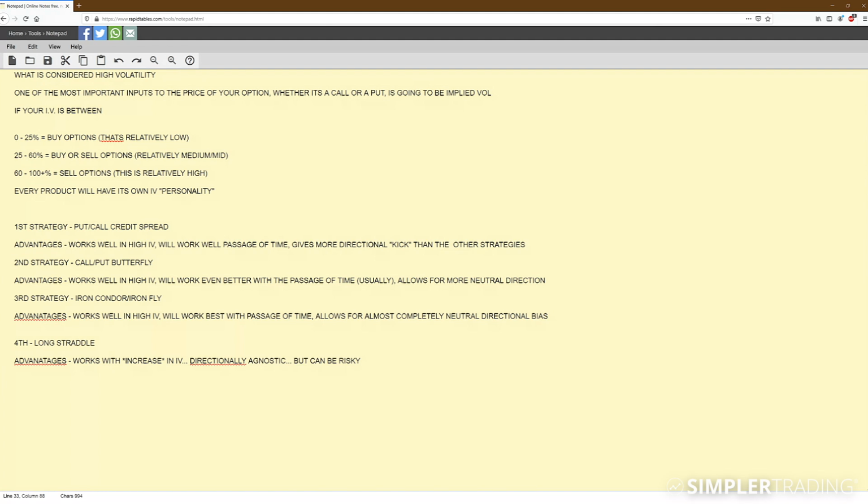Let me see if I missed anything else here. I'm just going to go ahead and put a little bit more notes here. The general idea of a high implied volatility environment.